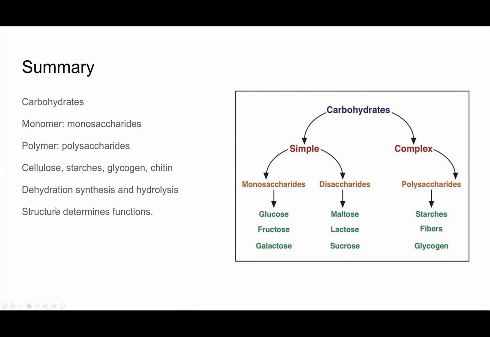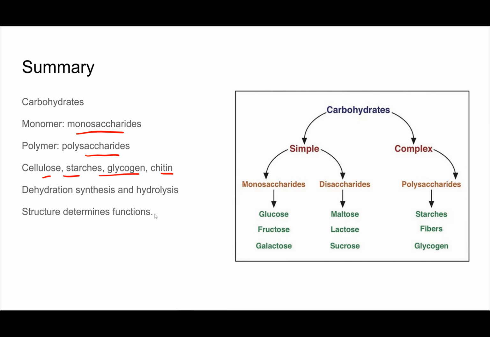Okay, so in summary, carbohydrates are a source of energy, but can also be used as structural support. Monomers are monosaccharides, polymers are polysaccharides. You're expected to know different types of polysaccharides, but they're all made of monosaccharide monomers, which can be of different types.